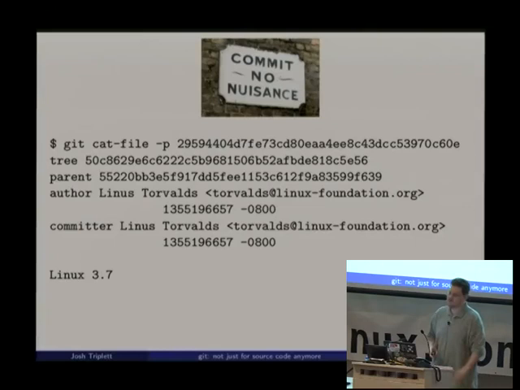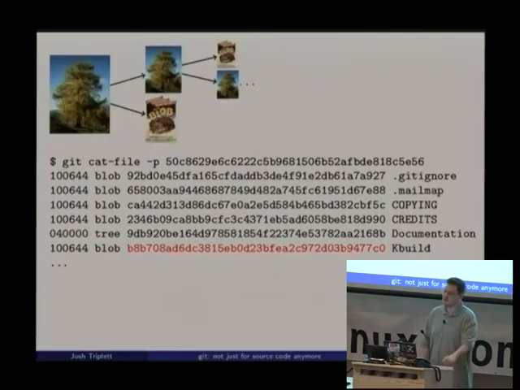And then if you take that tree hash, trees just contain trees and blobs, and that happens recursively. So just like a file system, think of directories and files, trees and blobs, they map very nicely. So if you show the tree, what you get is a mode, which in practice you'll only ever see one of 2 or 3 different values here. One indicates a tree and one indicates a blob.